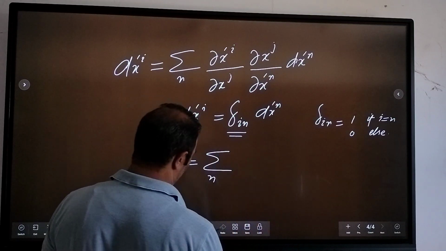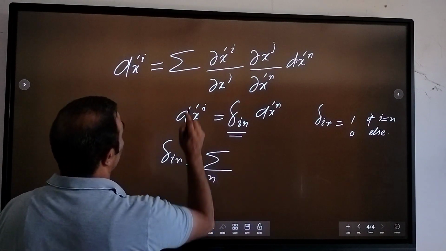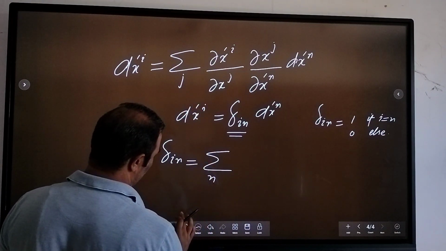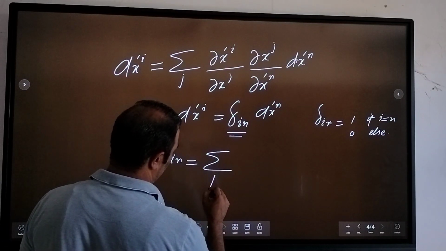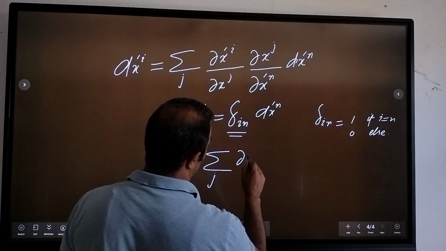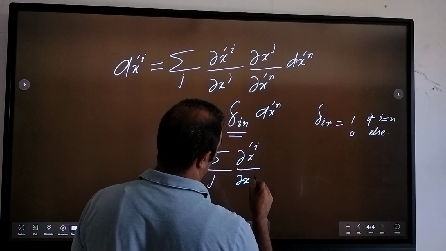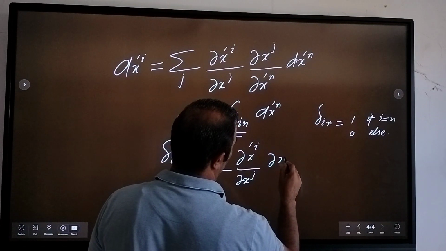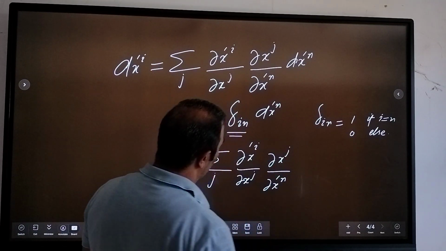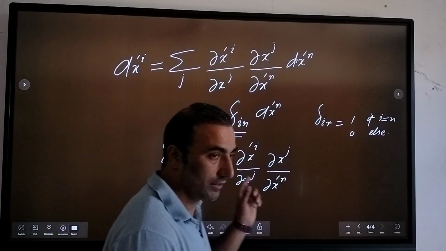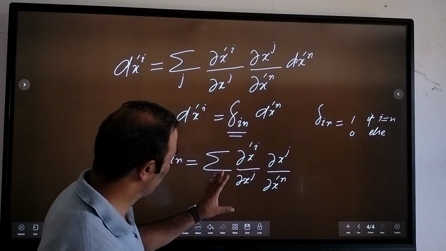So you can write here, sorry, we need to omit that n. So this is generally j. So that means this delta_in is equal to this one. So this is our Kronecker delta, right? So if i equals n, what will be the form?